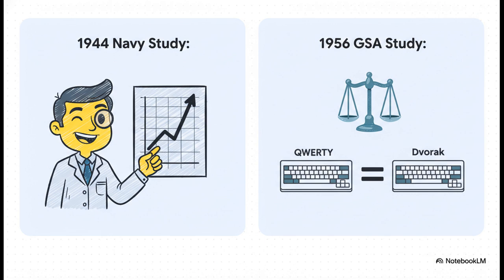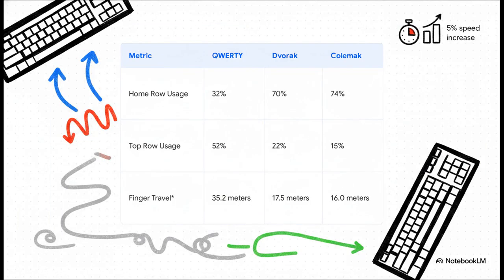So later, when the US government ran a more objective, controlled test in 1956, they found no real benefit and basically said, you know what? It's not worth the massive cost of retraining everybody. Now, when you actually look at the hard data, the story gets even more complex. On paper, yeah, layouts like Dvorak and the more modern Colemak are clear winners. Your fingers stay on the home row way more, and they travel less than half the distance.